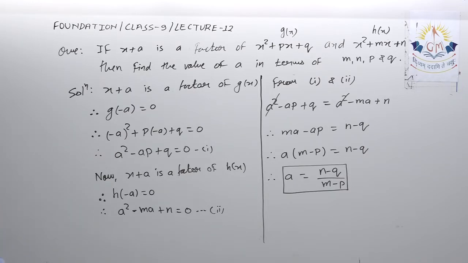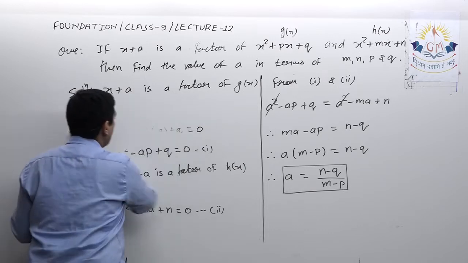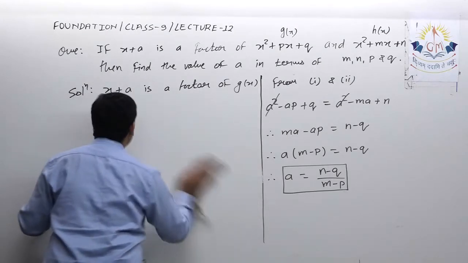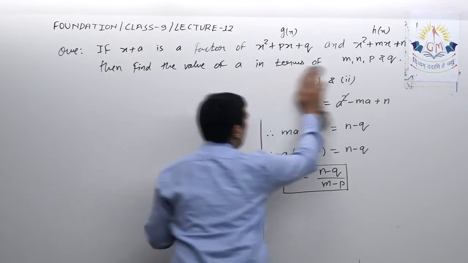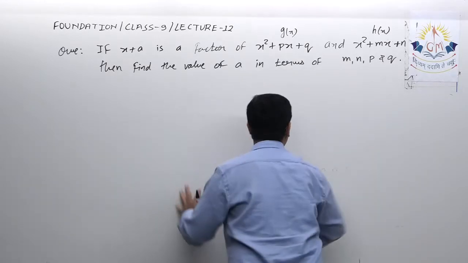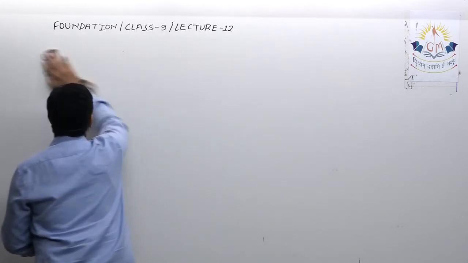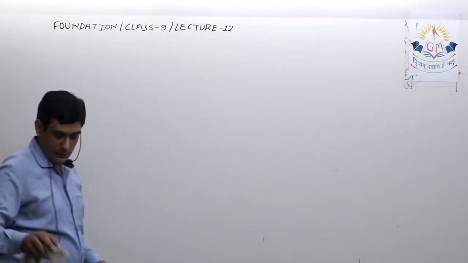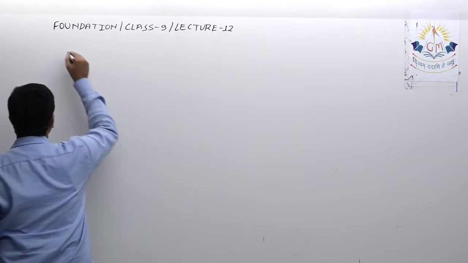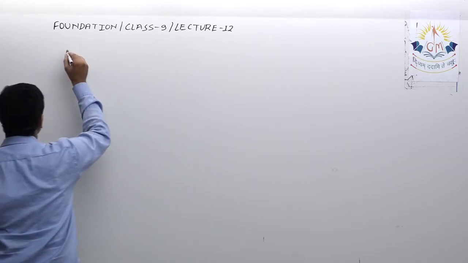Now the next question is a little bit different, not difficult, simple long division, but let us see how many of you are able to approach how to solve this. Very simple question.